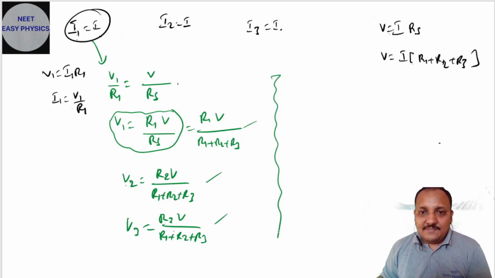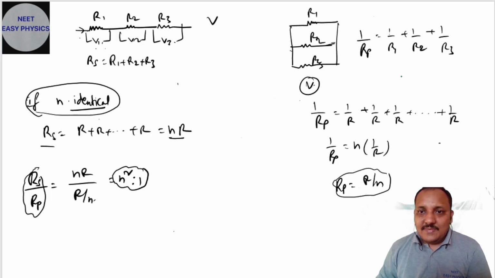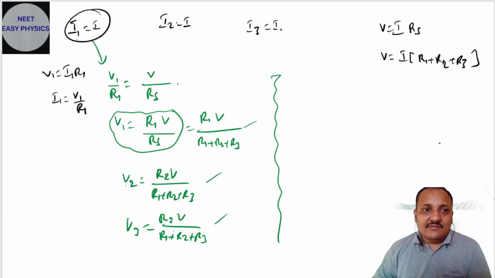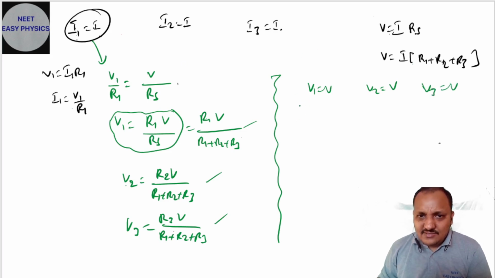Same like this, in case of parallel combination, they will ask what is the current I1, I2, I3. For this case, what is same? In the series case we said current is same, therefore we equated currents. Now in this case, voltage is same. V1 equal to V, V2 equal to V, V3 equal to V, isn't it? What is V1?